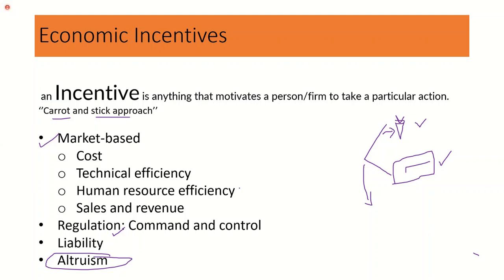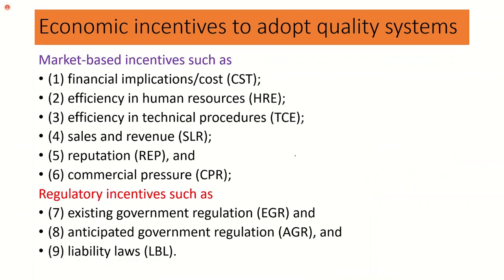For example, if I have a food-producing company and I produce quality, healthy, nutritious food because I care about the people and the environment, I do it not for any benefits but only because I care about something. That's called altruism. So these are all economic incentives.